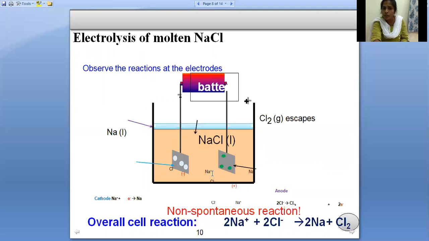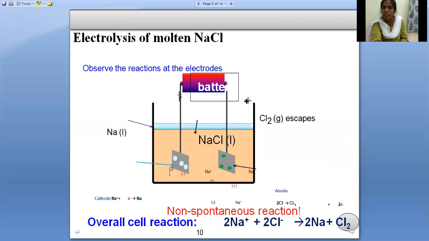If we have +1, that is 1 electron deficiency, +2 is 2 electrons deficiency, +3 is 3 electrons deficiency. Minus 1 means 1 electron excess, minus 2 means 2 electrons excess, minus 3 means 3 electrons excess. So here Na+ has 1 electron deficiency, and Cl- has 1 excess electron.